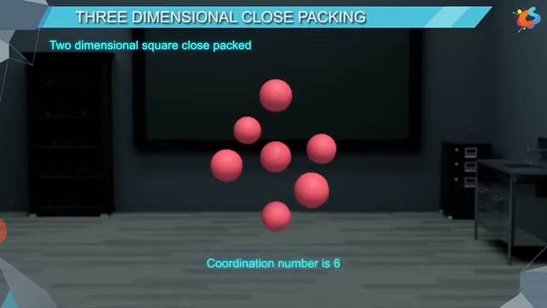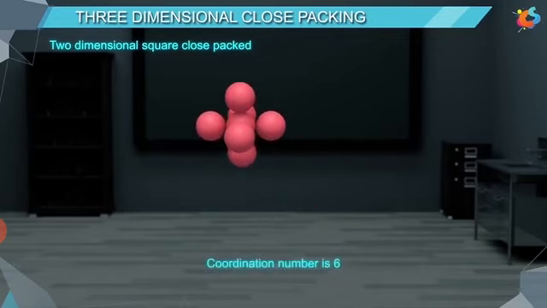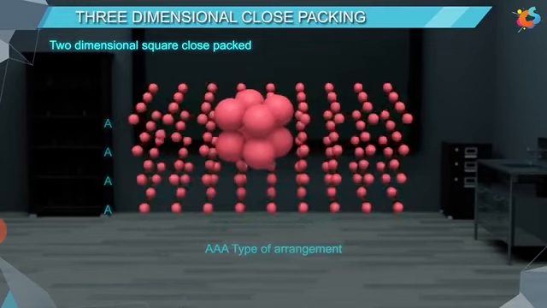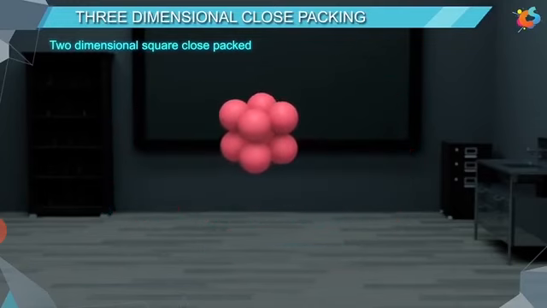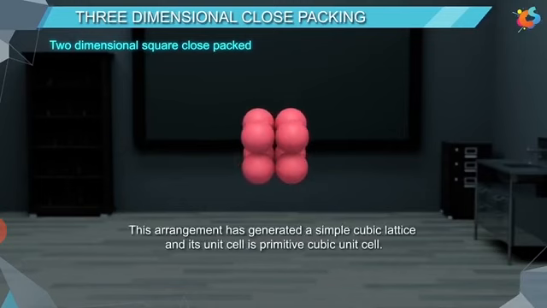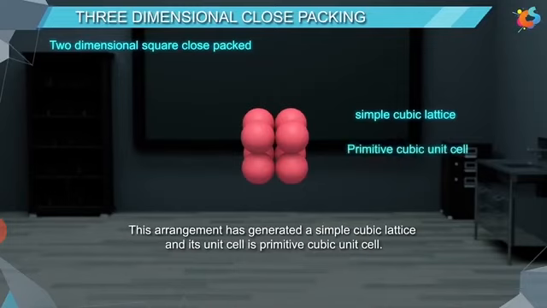The coordination number will be 6, and the type of arrangement is called AAA type. This arrangement has generated a simple cubic lattice and its unit cell.